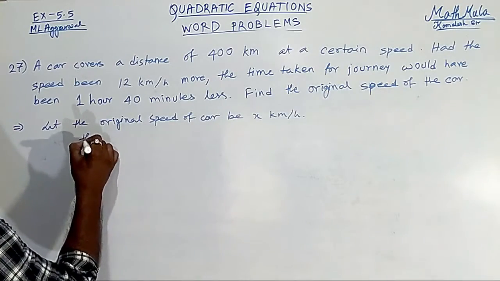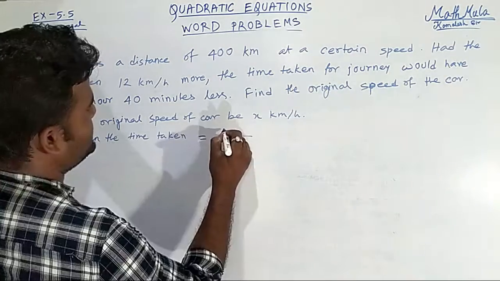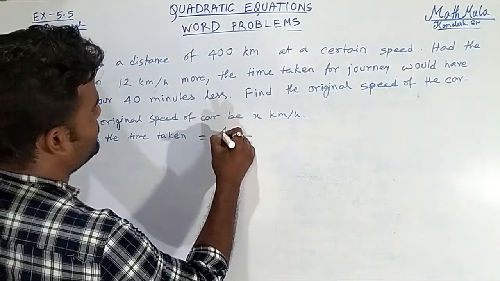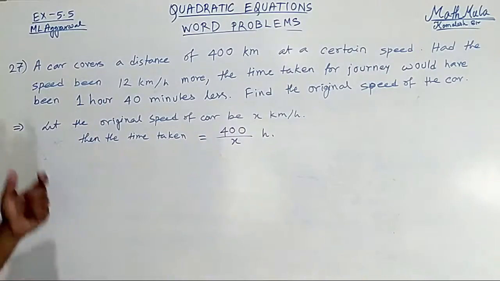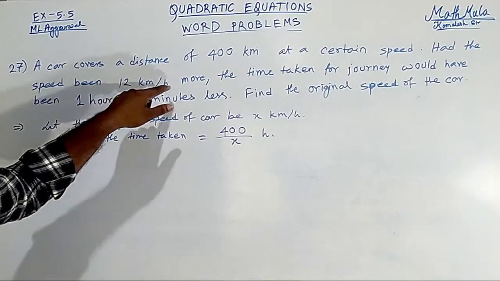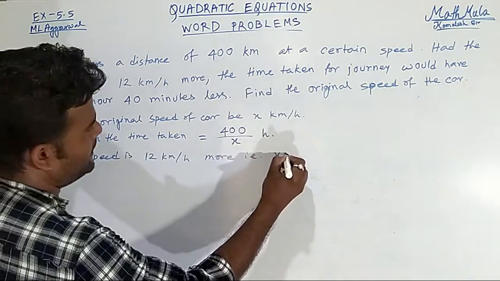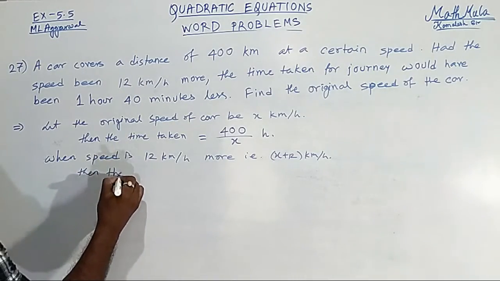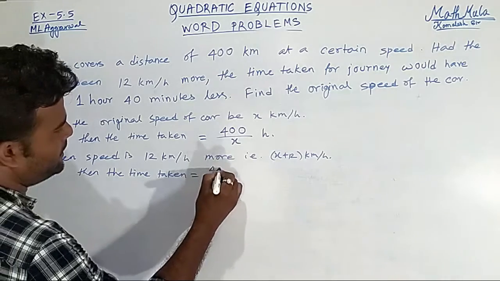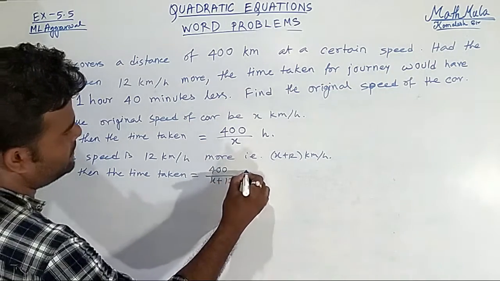Then the time taken is equal to distance by speed. Distance is 400 and speed is x, so time is 400 by x hours. Now when the speed is 12 km more, that is x plus 12 km per hour, then the time taken is equal to 400 by x plus 12 hours.